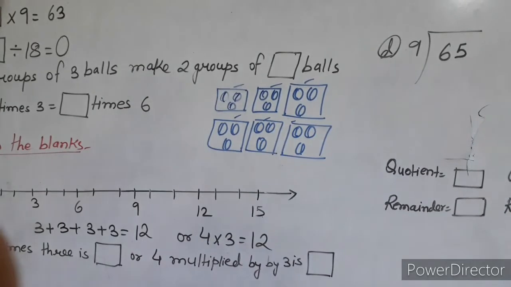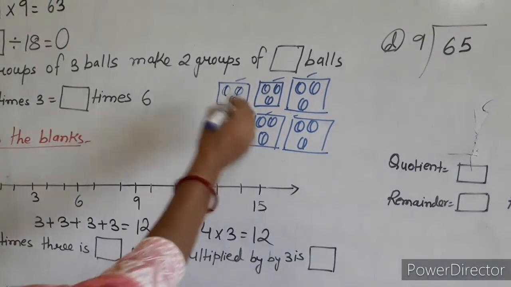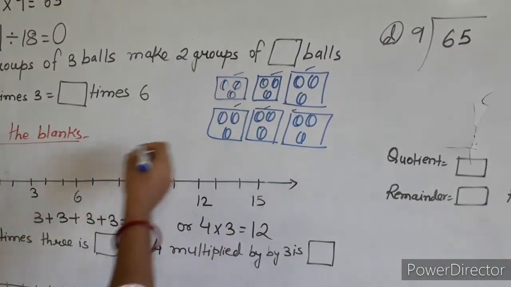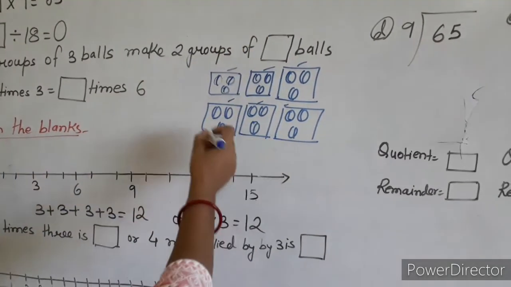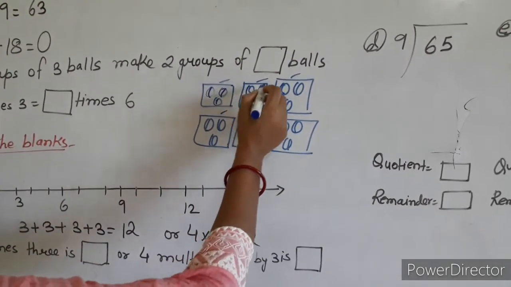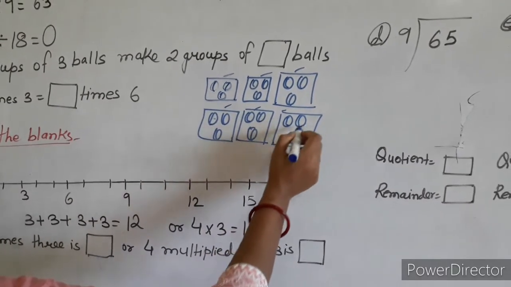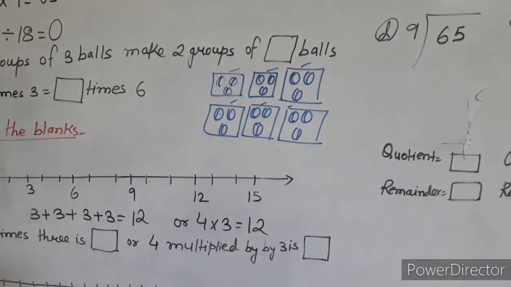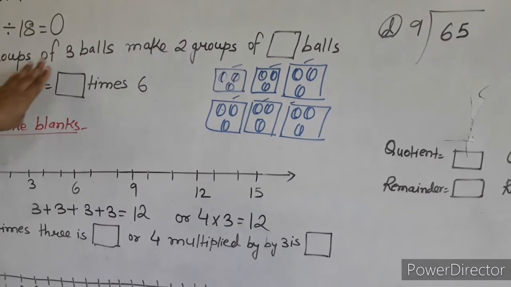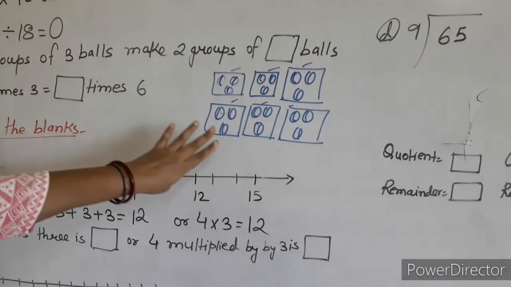How many groups are there? 6 groups are there, and in each group 3 balls are there. So you can count the total number of balls: 1, 2, 3, up to 18. So in 6 groups of balls, the total number of balls is 18.